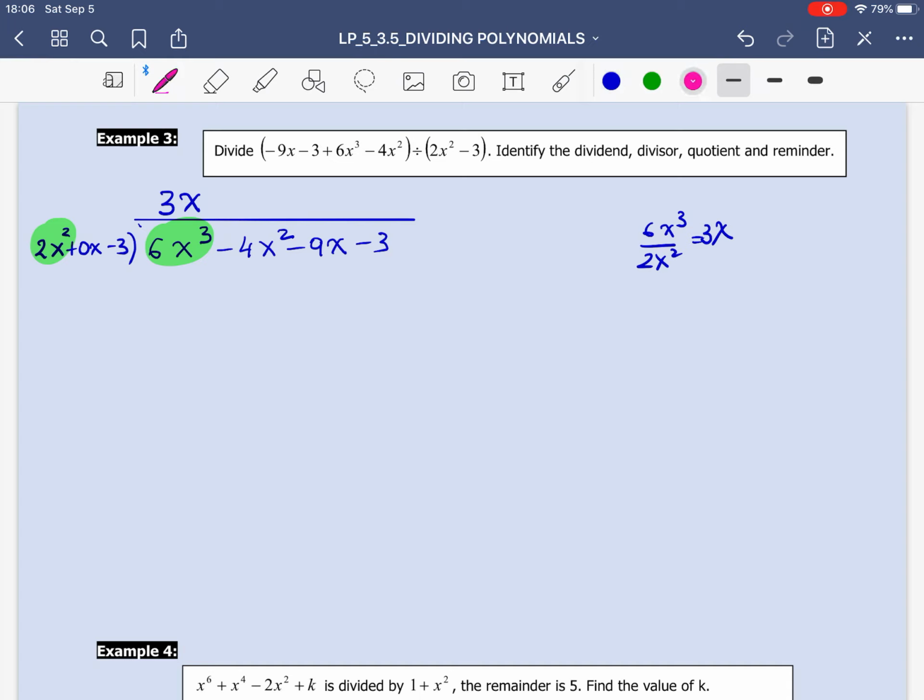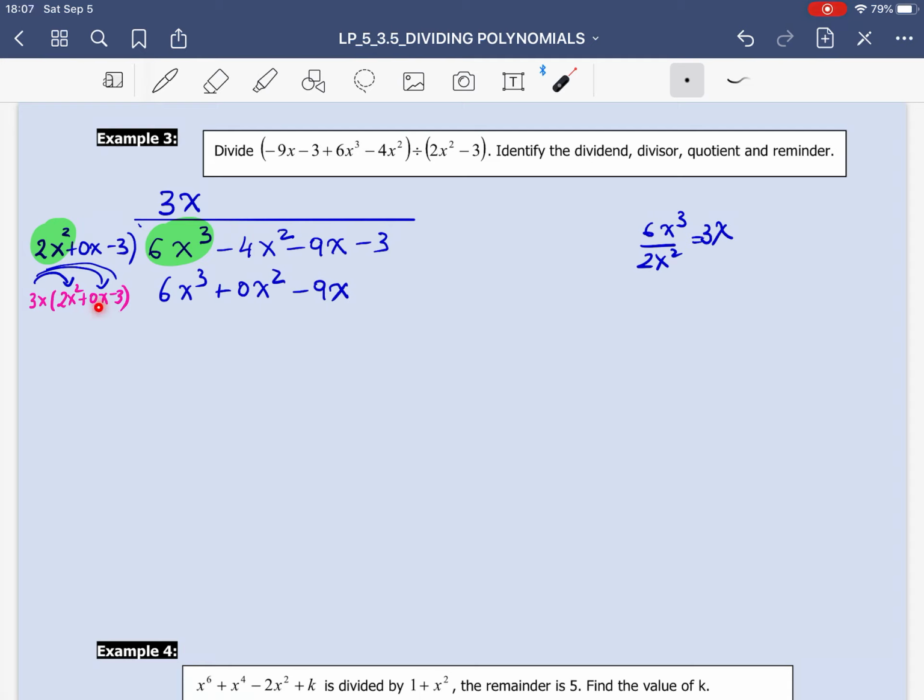And now we go 3x, that multiplies 2x squared plus 0x minus 3. So that would be 6x cubed plus 0x squared minus 9x.